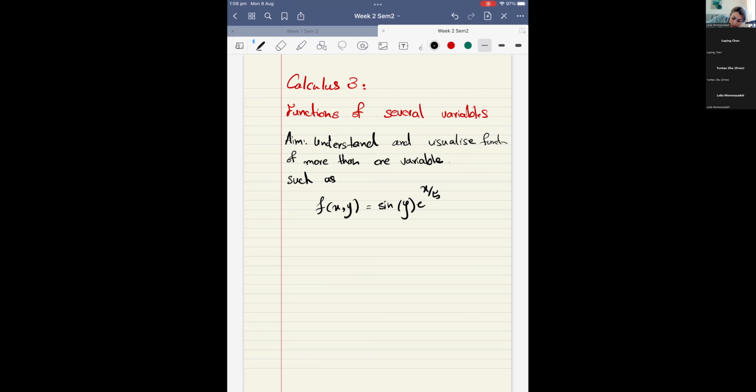In this situation, what is the domain? It means that this is the domain, the valid inputs, and this is the codomain.